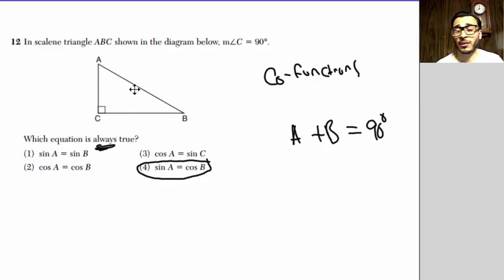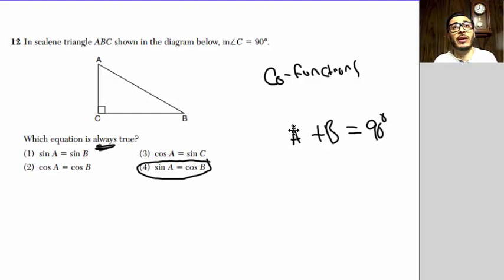And we know that A plus B equals 90 degrees because A and B are complementary, right? If angle C is 90, A plus B must add up to 90. And so how do you know that sine and cosine are cofunctions? Think about it like this. You have sine and cosine.